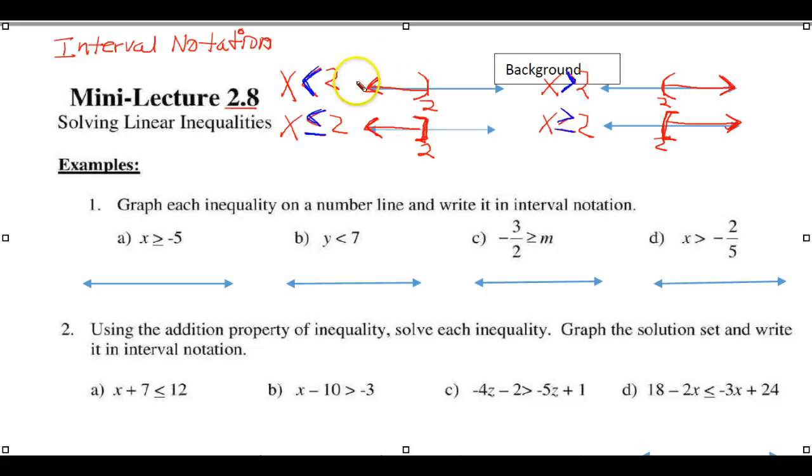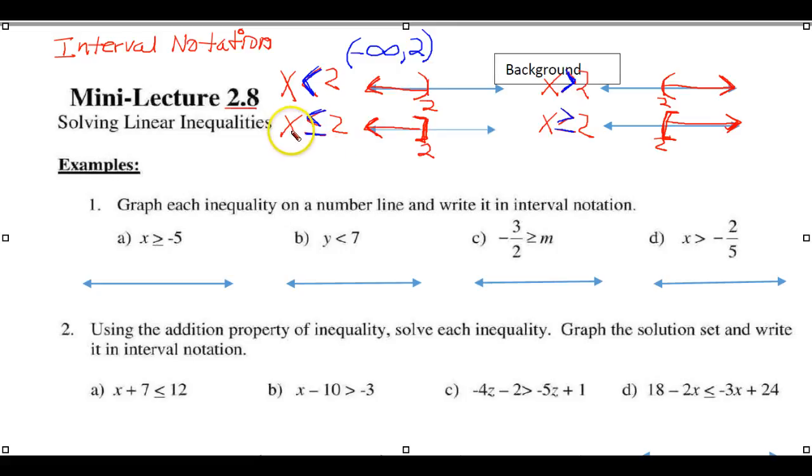So we go over here, and we usually go from left to right. Where is this coming from here? Well, it's coming from negative infinity. And whenever we use infinity, we always use a parenthesis. And then we put a comma, and it's going up to a 2. But 2 is not included. So right from the graph, we use the parenthesis.